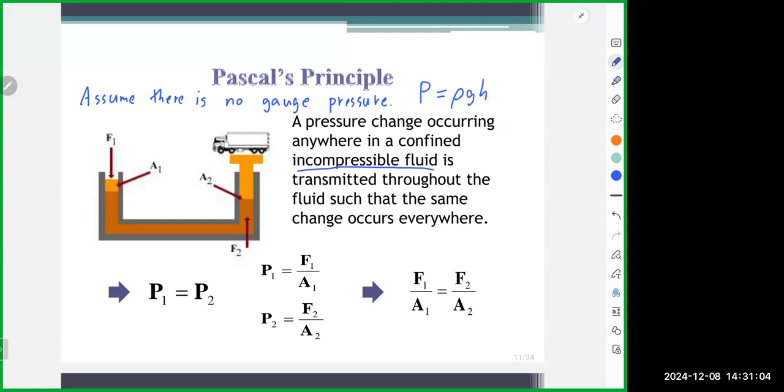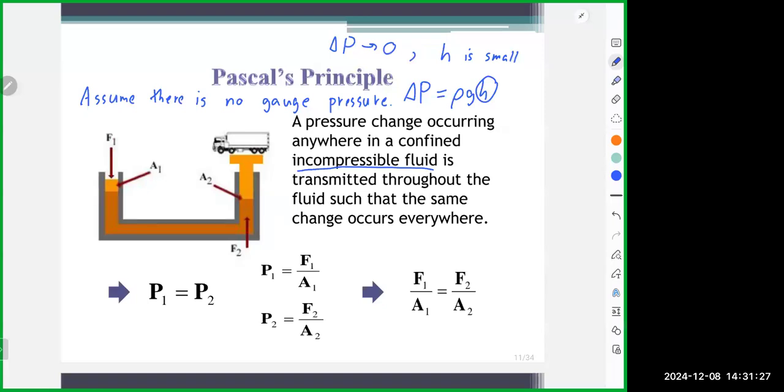We just assume that h is small. So delta P would be zero.